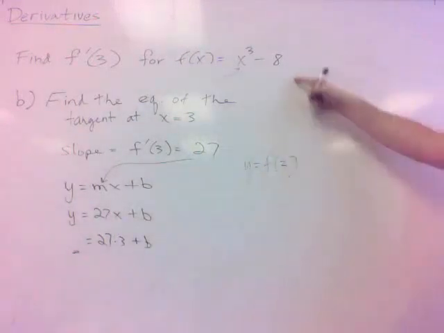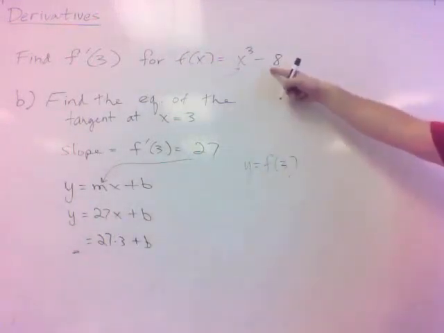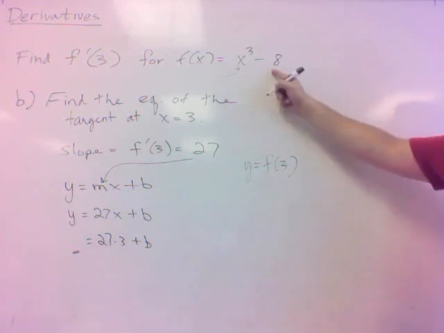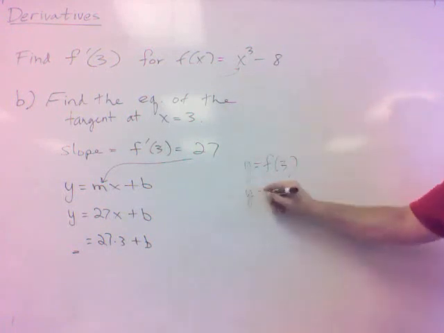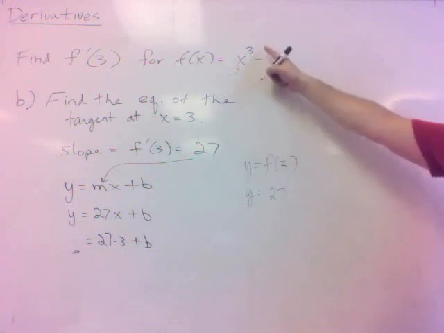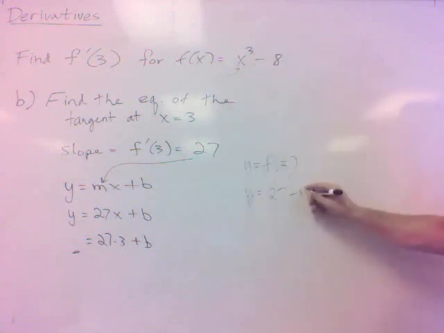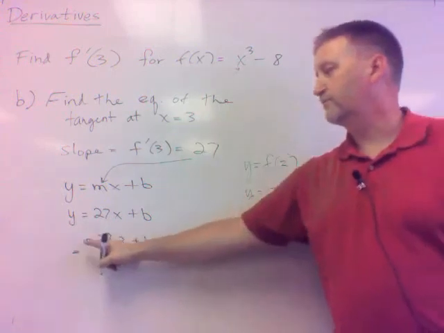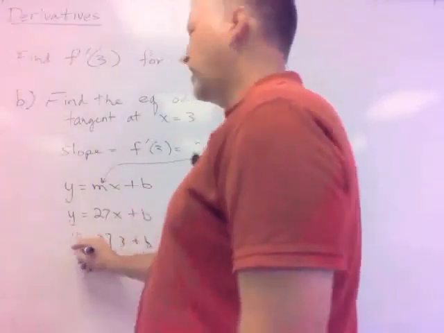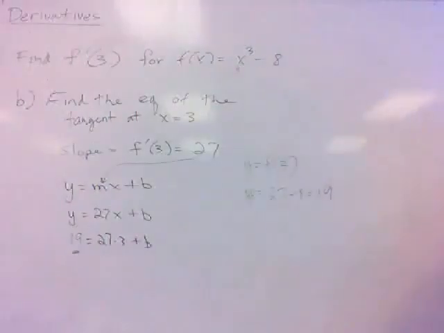So that goes all the way back to the original function, doesn't it? The function value at 3 would be 3 cubed minus 8, which is 27 minus 8, 19. So that y that goes with x is 3 would be 19. Is that okay? It may not give that to you. You just have to go back to the original function.